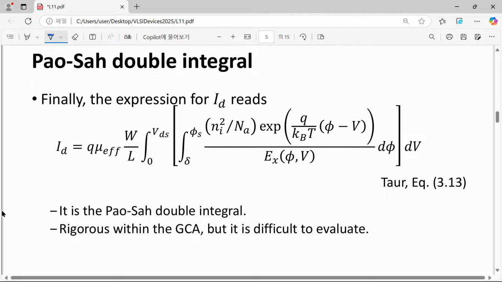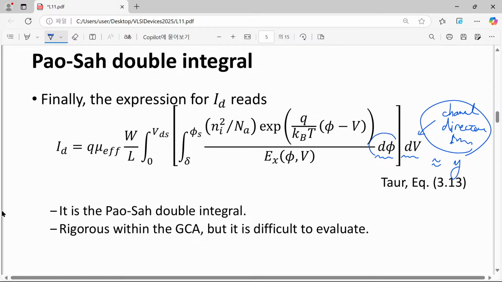So you can find that there exist two integrals for electron quasi-Fermi potential. Although it is written as dV, this is related with channel directional integration, so this is kind of y-directional integration, not exactly the same.